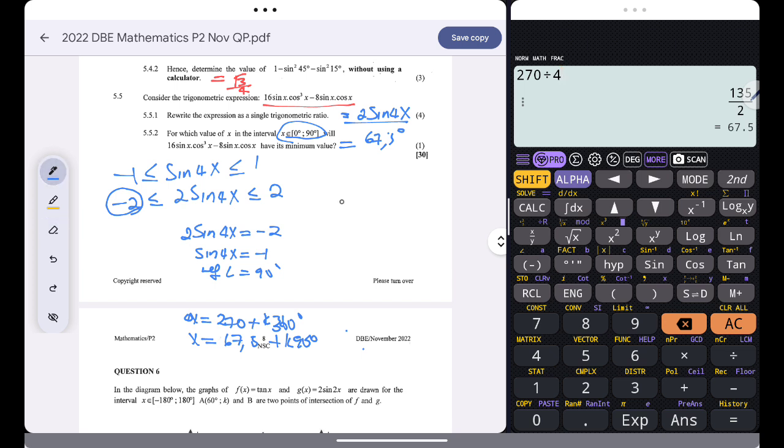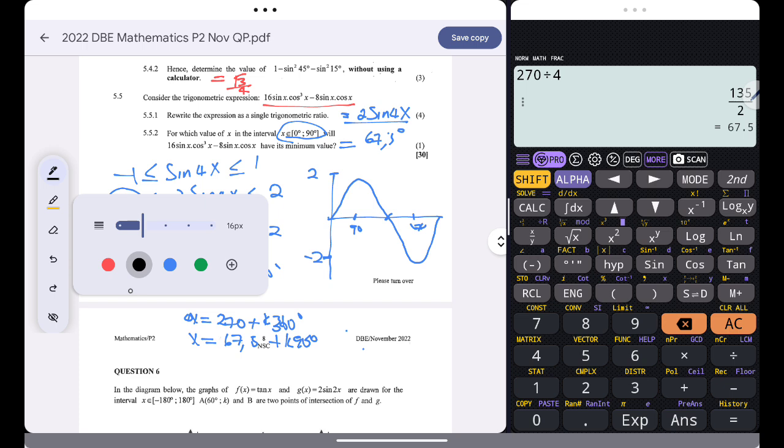Okay, a quicker way to do this thing, you can simply draw the graph like this, because you're dealing with sine, and the maximum value is 2, the minimum value is -2. We have 0, we have 90, we have 180, we have 270 here. The minimum value is -2. Are you together?